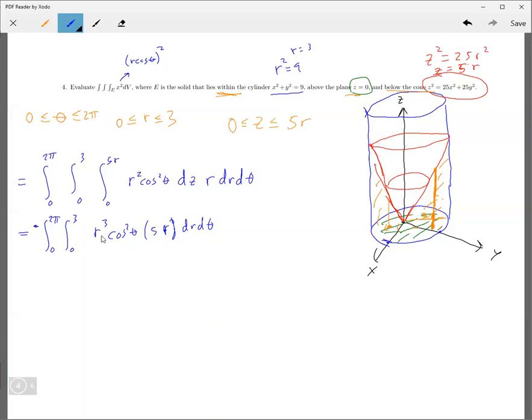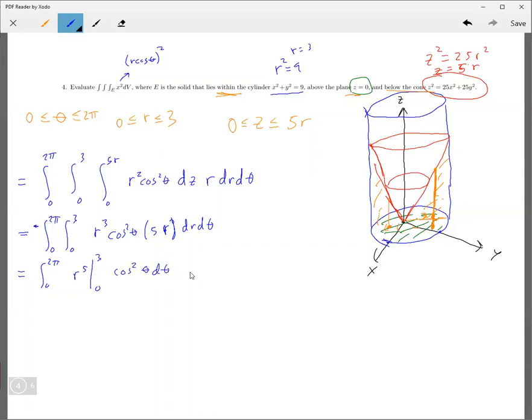Well, that's interesting. We have 5r to the 4th, right? That's r cubed, that's r. What's the integral? It's just going to be r to the 5th from 0 to 3.